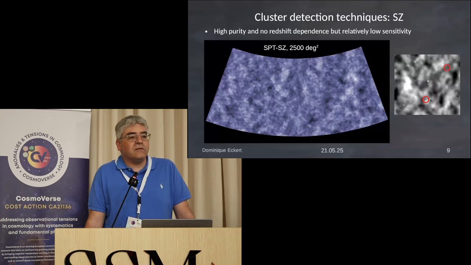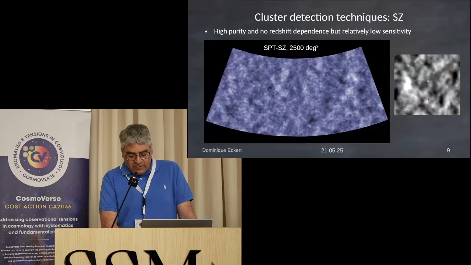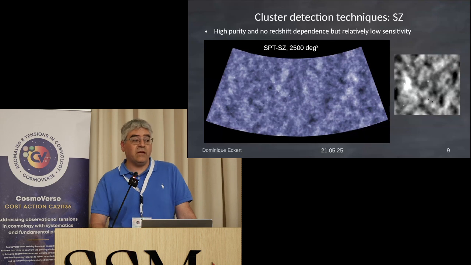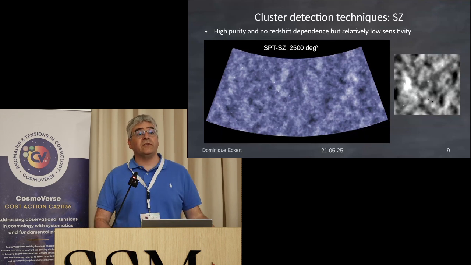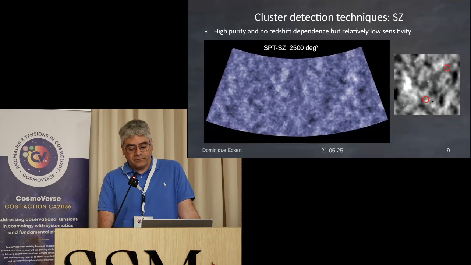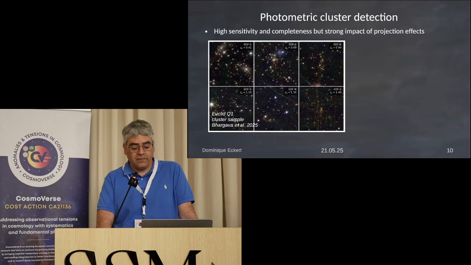Okay, my dots are not at the right place, sorry. But anyway, maybe here you can see them better. Here is a black dot, which is the fact that we are missing flux because it's been upscattered to higher frequencies. And your primary observable in a case like that is what we call a Compton parameter, Y_SZ, which is a sort of integrated thermal energy content of the system.